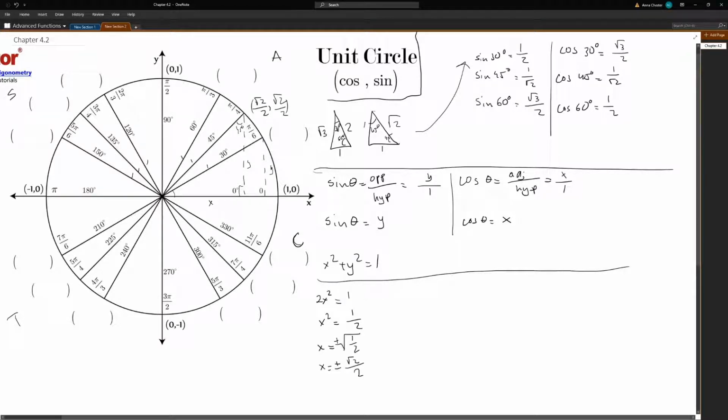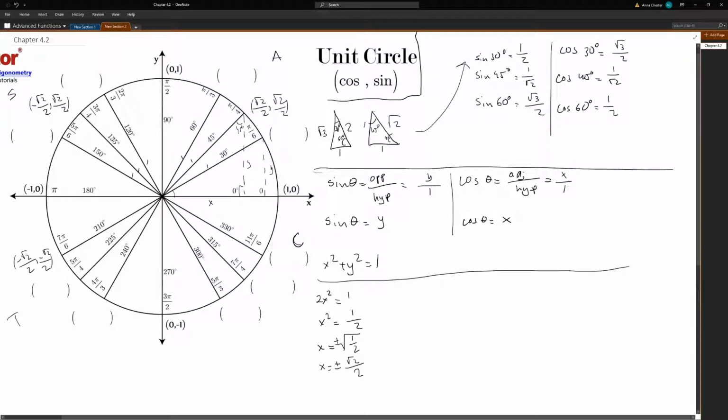Now, we could go into our next values. So for S, that means only sine is positive, everything else is negative. So we get those exact same values, but cosine has to be negative, so we get negative square root of 2 over 2, and then positive sine value, square root of 2 over 2. Here, tan is positive, sorry, so both of these values have to be negative.